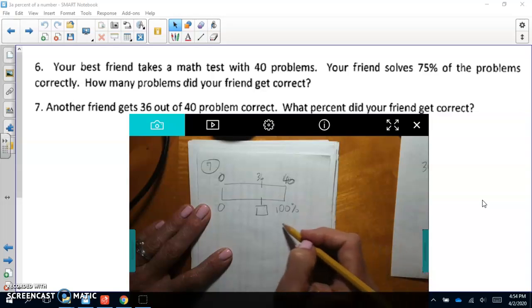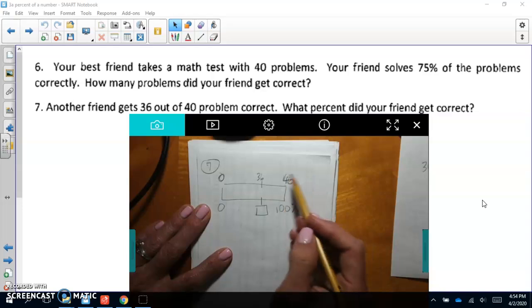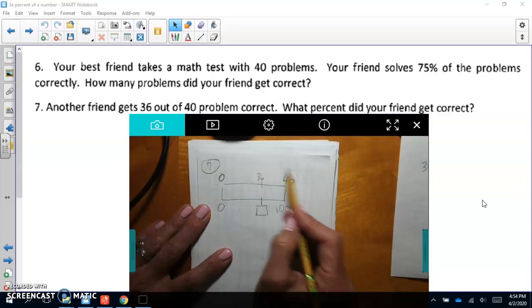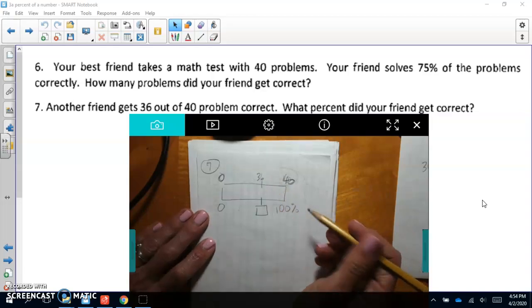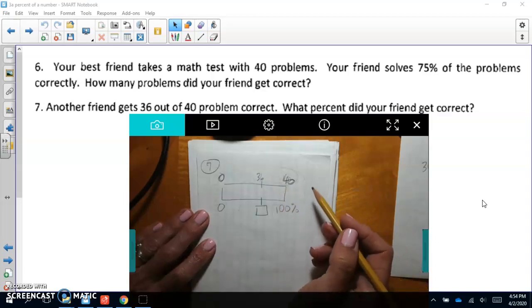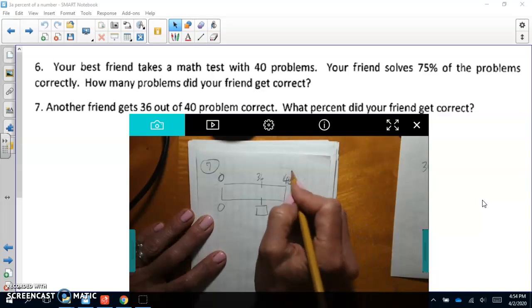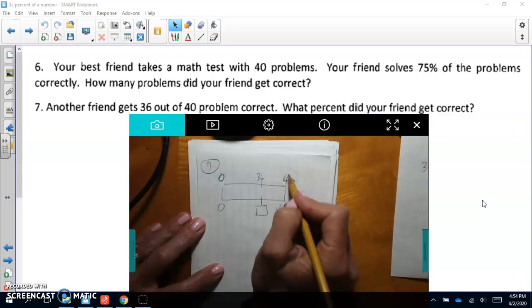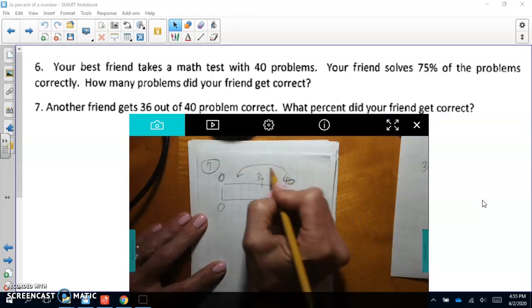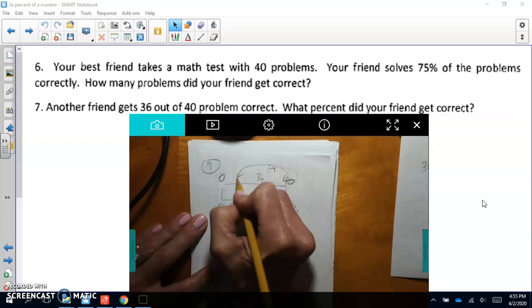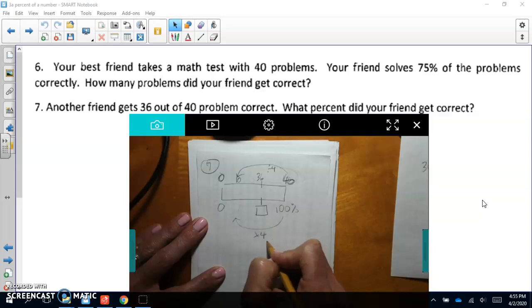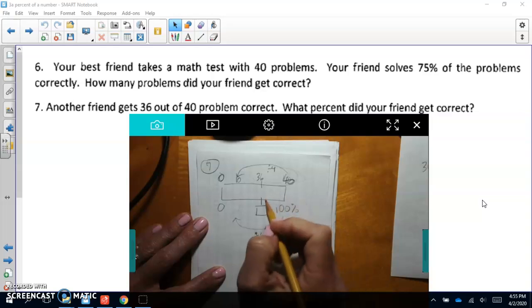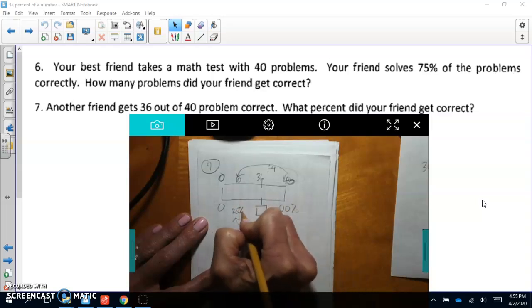All right, so let's go with what we know. Here's what we know to what we don't know. Let's try to find a common denominator of 40 and 36. Well, how about 4? Let's divide by 4. Okay, so let's start with what we know. 40 divided by 4 is 10, and 100 divided by 4 is 25%.